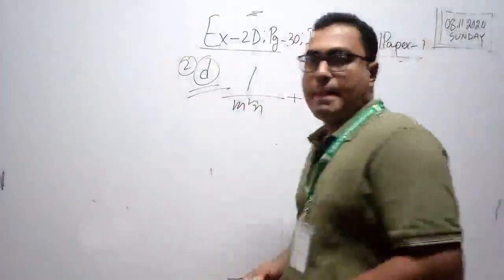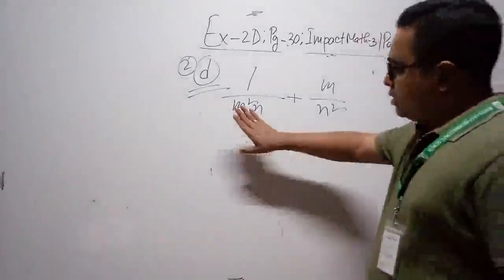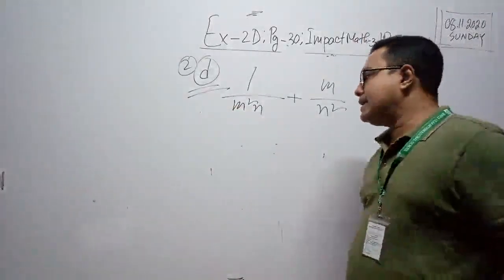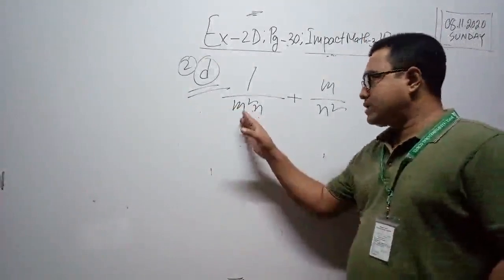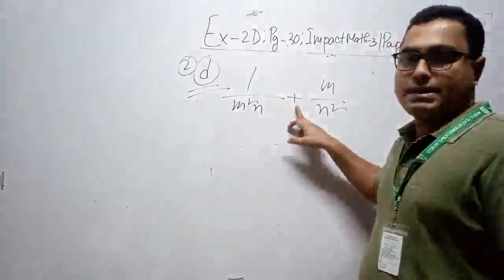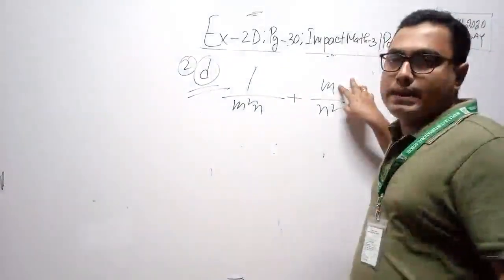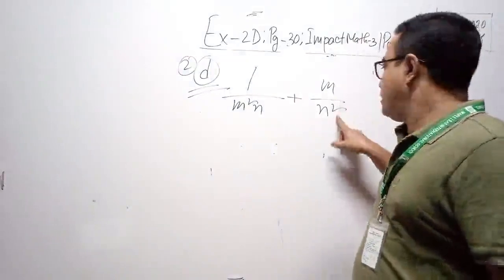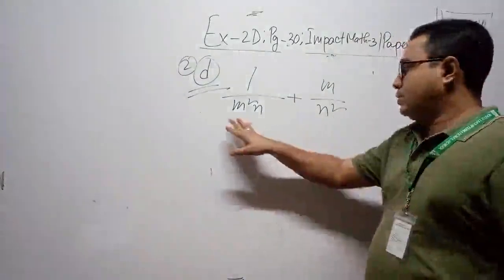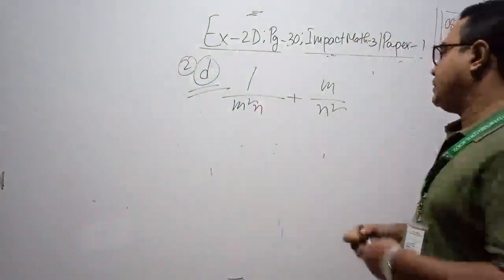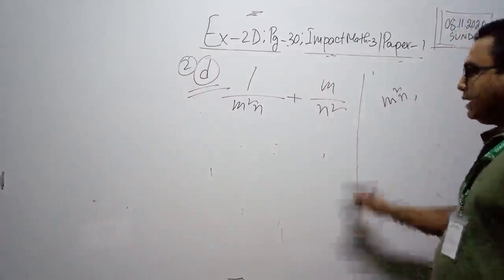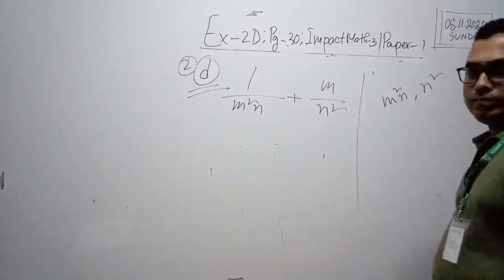For this one, the denominator of the first term is m square n, the numerator is 1, plus m is the numerator here, and the denominator is n square. So the two denominators are m square n and n square.